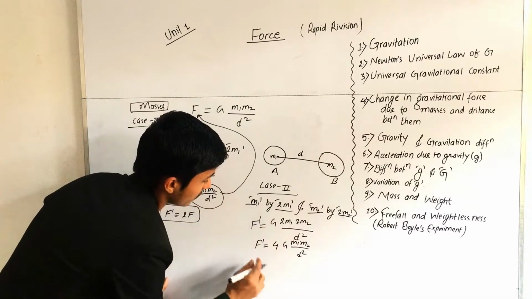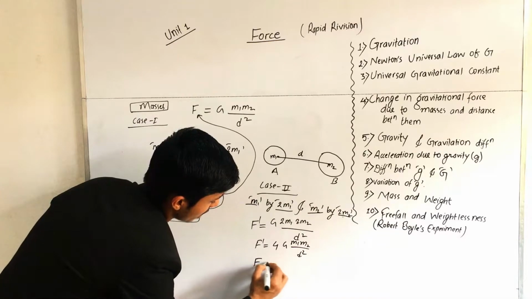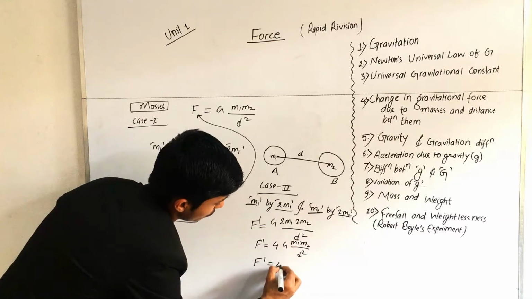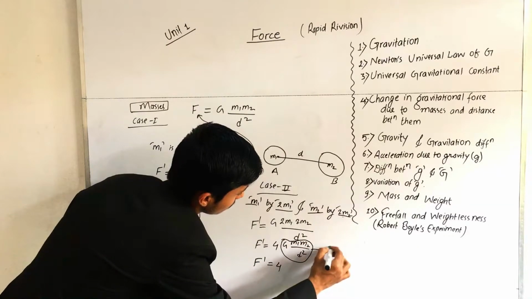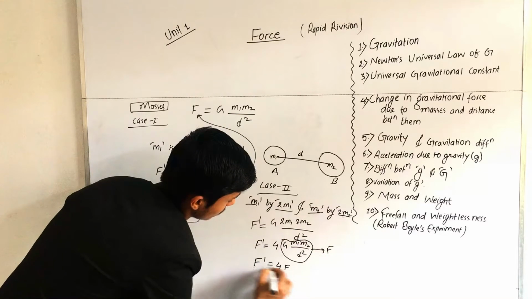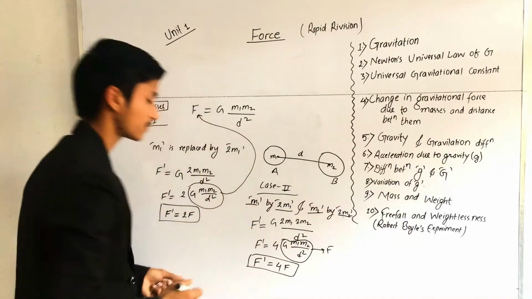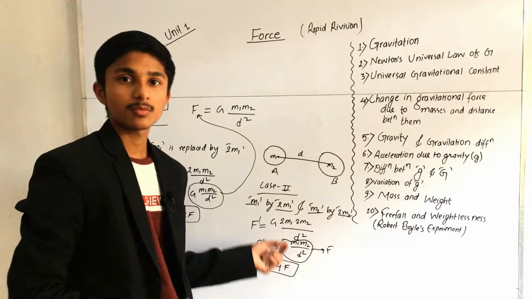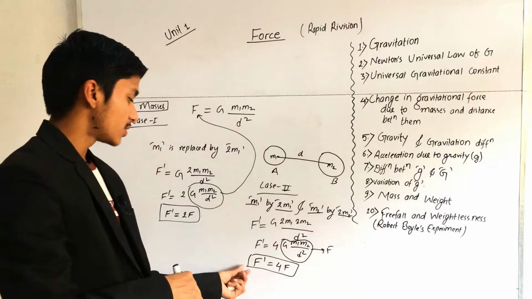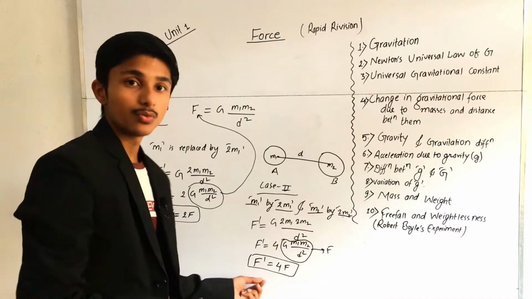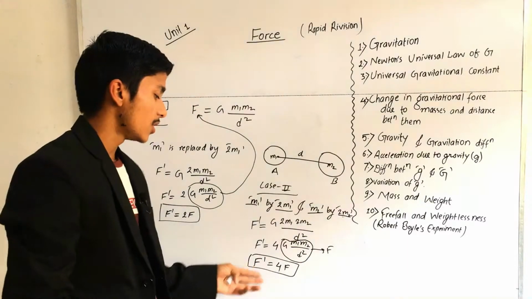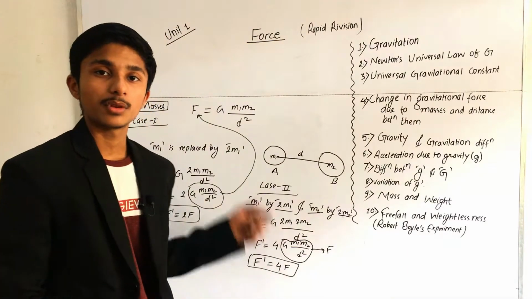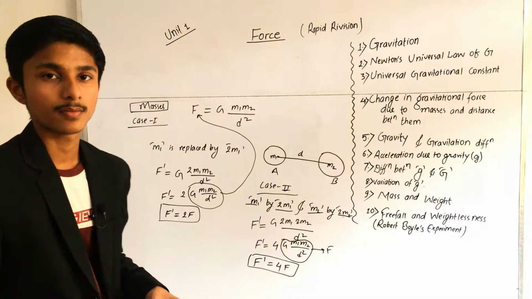This is the force after changing mass, F dash is equal to 4 times F. So when masses of the two bodies are doubled, the gravitational force between them will be 4 times the previous gravitational force.